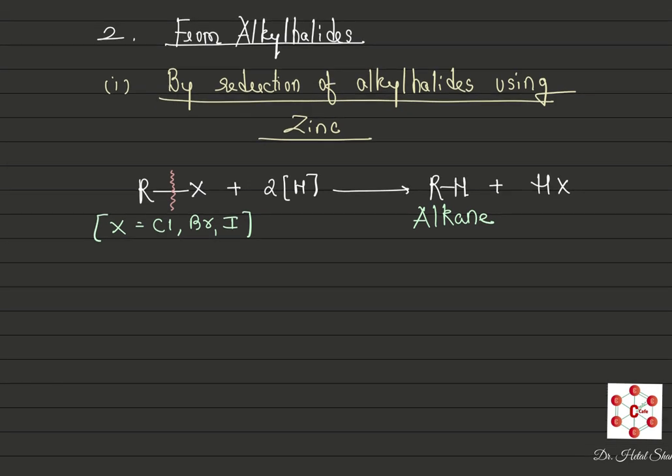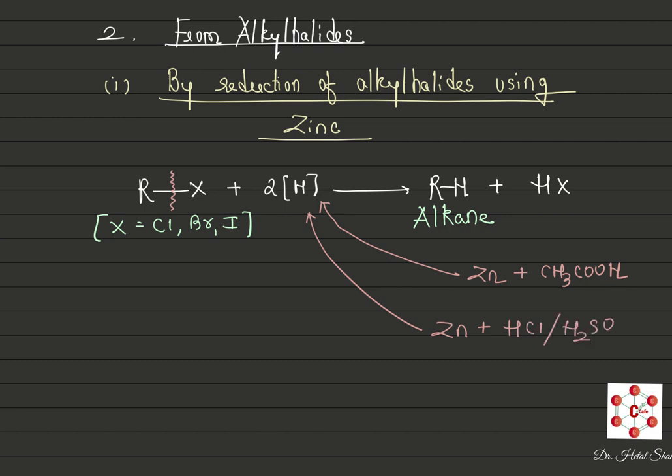Now pay attention, where do you get this nascent hydrogen from? So I'm going to show you how this can be done. This nascent hydrogen can be obtained by taking zinc with acetic acid. One of the ways. The same can be obtained by taking zinc with HCl or H2SO4.